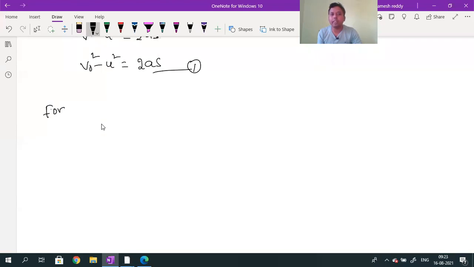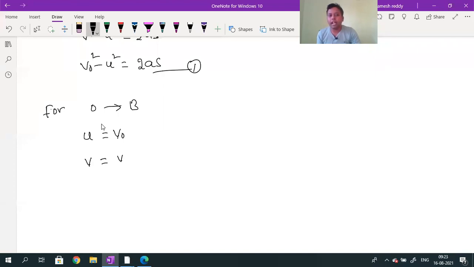Next, considering the further journey, O to B. When the body goes from O to B, the initial velocity will be V naught, since it started from O. The final velocity will be V bar.